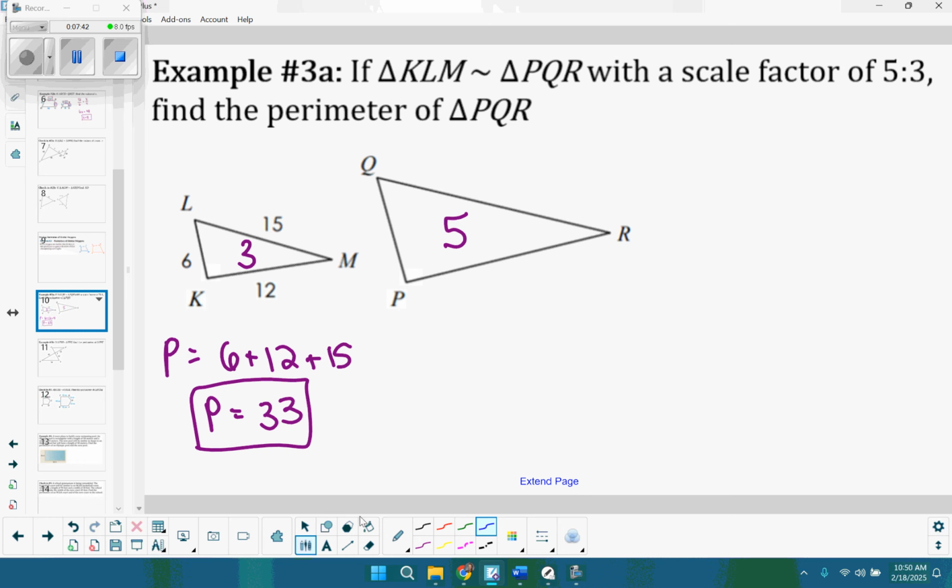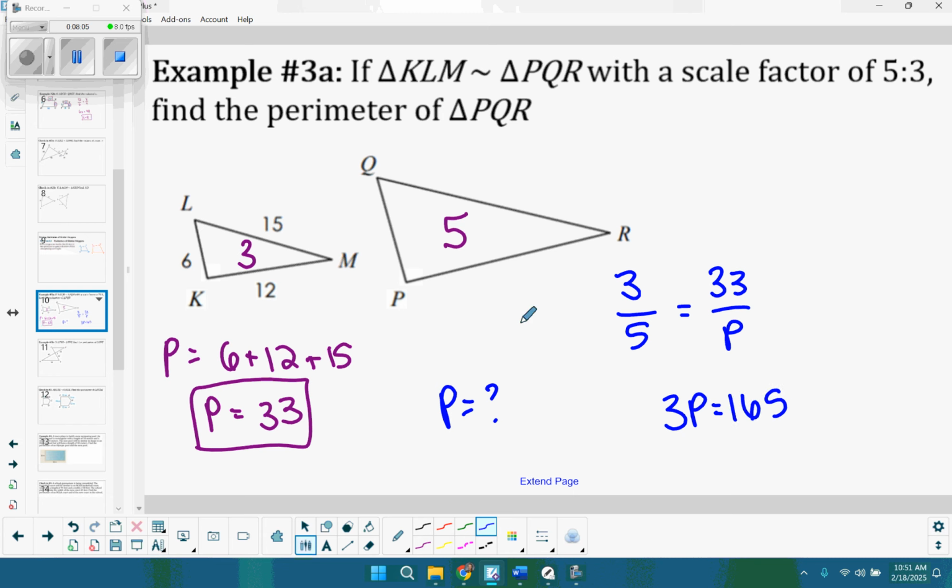So if I want the perimeter of PQR, I'm going to set up a proportion. I could take 3 over 5, so from one shape to another shape, and now I'll take the perimeter here to the perimeter here, 33 to P. So cross multiplying this, I'll have 3 times P equals 5 times 33, which is 165.